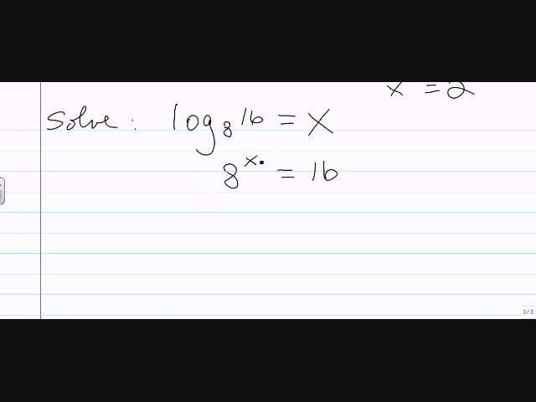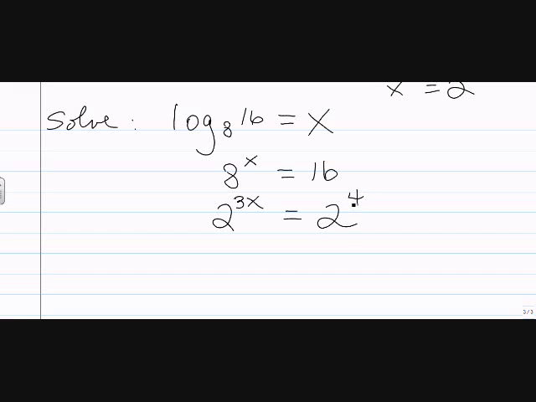So is 8 2 to some power? 8 is 2 to the third power. So I'm going to replace the 8 with 2 to the third, and I got to take that to the x power, so that becomes 2 to the 3x. Now 16 is also 2 to some power. 2 to the fourth.